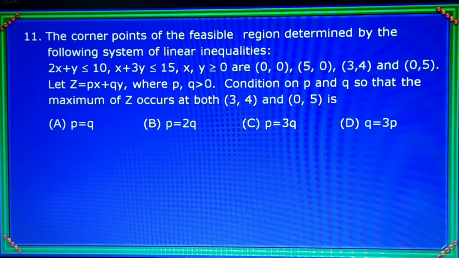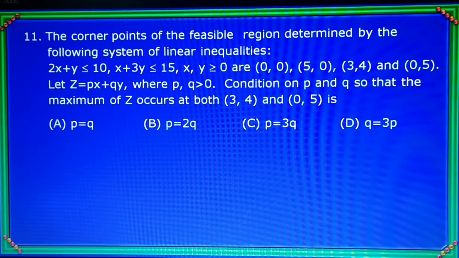Let z is equal to px plus qy, where p, q are positive. Condition on p and q so that the maximum of z occurs at both points with coordinates 3, 4 and 0, 5 is option A, p is equal to q, option B, p is equal to 2q, option C, p is equal to 3q, option D, q is equal to 3p.